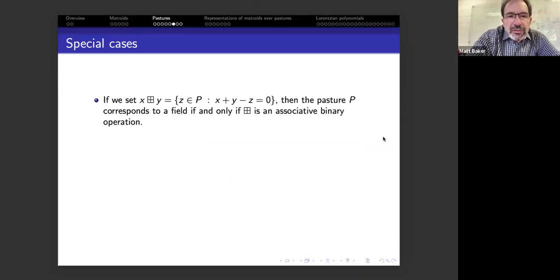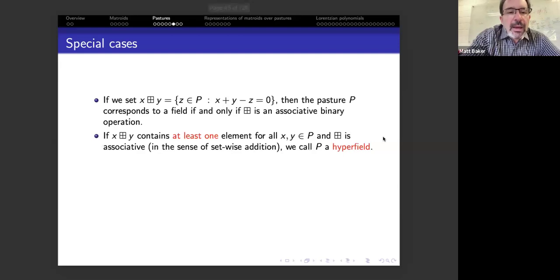So fields are the case where this construction does correspond to an honest binary operation. If this operation always gives you a non-empty set and there's some suitable associativity, then that's what a hyperfield is.